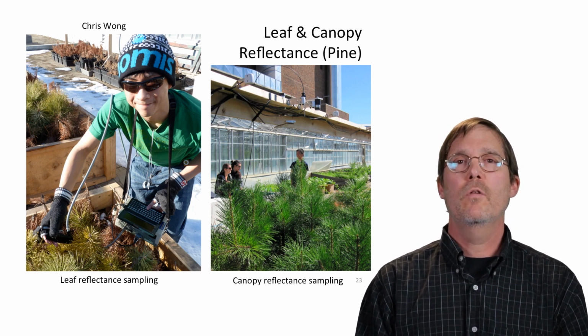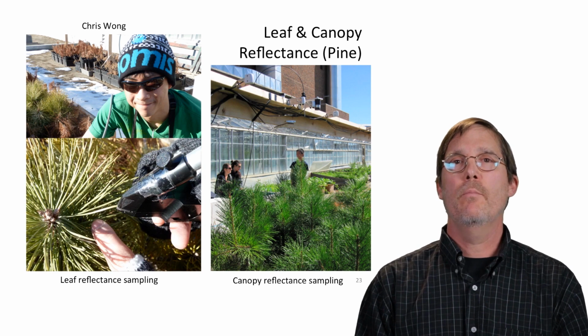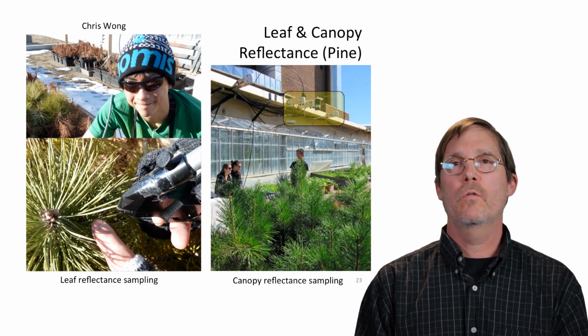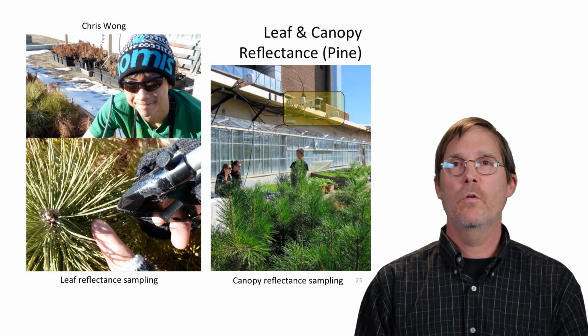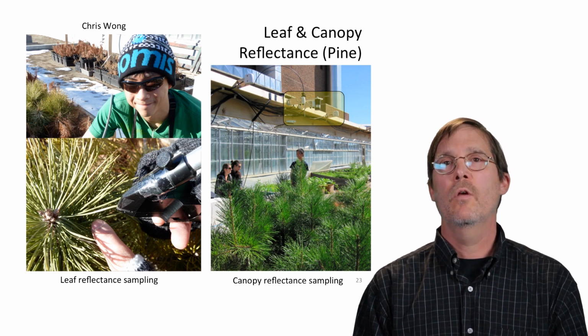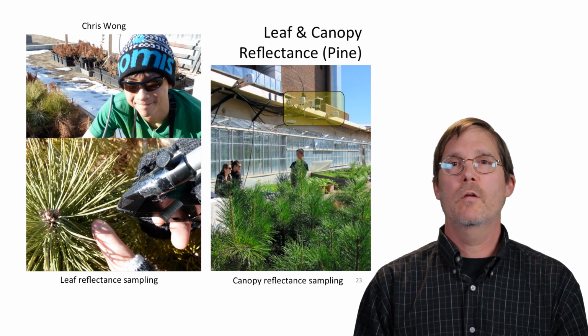And on the left you see the needle clip, the leaf clip, and on the right you also see automated measurements. In this case, we're starting to use, in addition to spectrometers, some new sensors from a variety of different sources, including the Decagon SRS sensor, monitoring PRI changes in the canopy through the seasons.